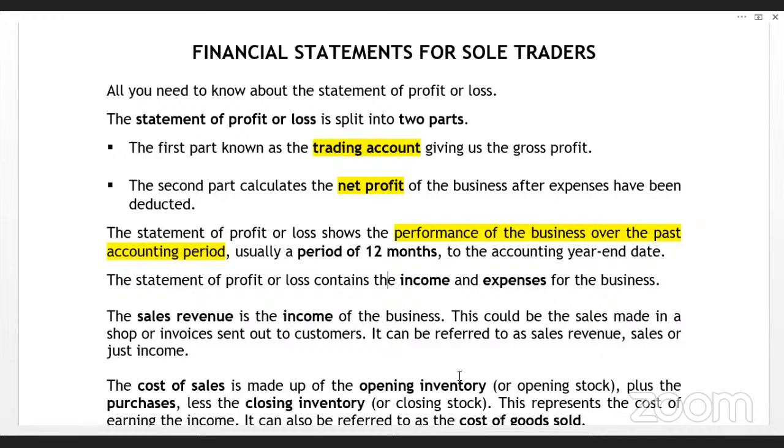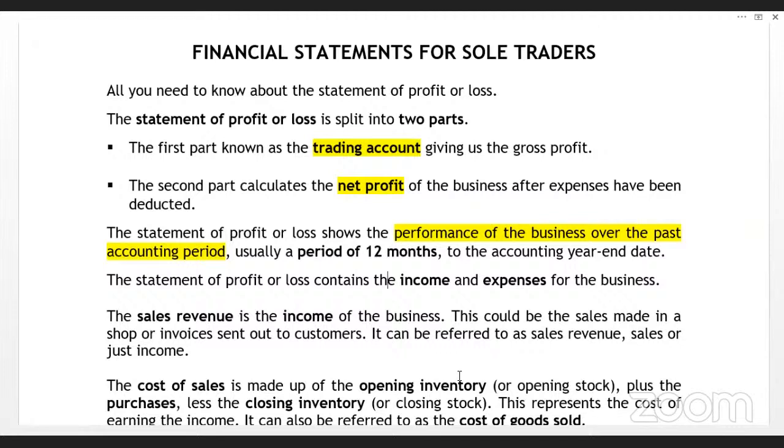Remember, the business will sell its products to the customers and provide services to its clients. The revenue they collect from the provision of services and from the sale of goods is the income of the business.